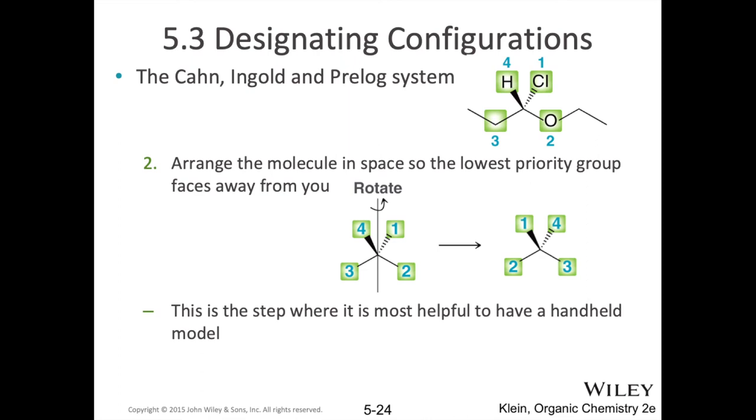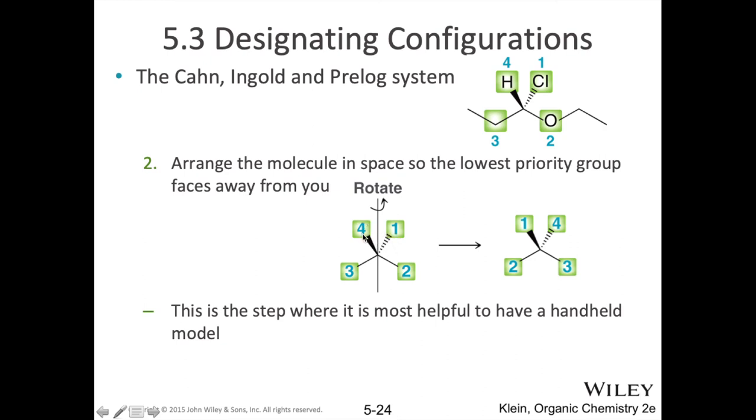I mentioned earlier that the way this molecule is drawn, it is drawn kind of incorrectly. That hydrogen's pointing towards you instead of away from you, right? So what you need to do is get that hydrogen to point away from you. In other words, you need to rotate this molecule 180 degrees so that it's pointing away instead of towards you.